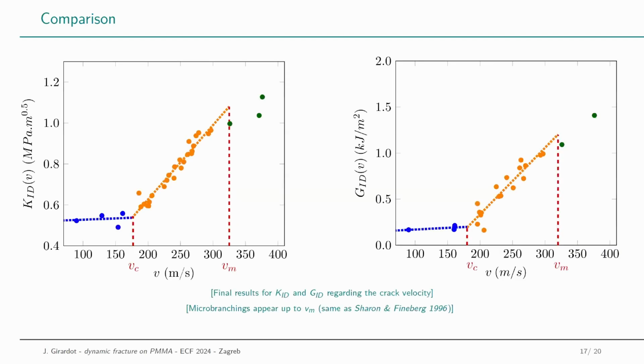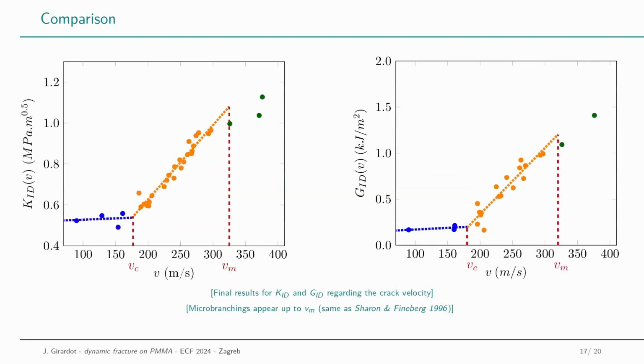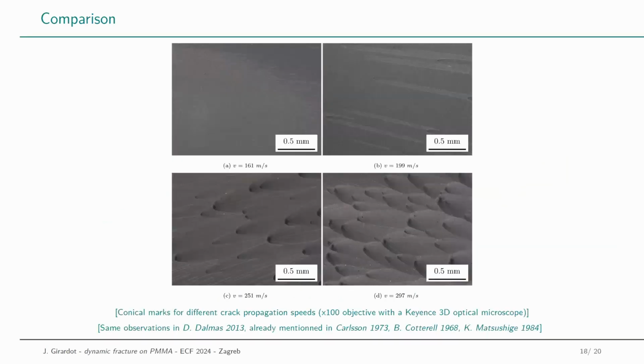But if you look only at our results, we clearly see three phases, okay? Limited by two critical velocities, Vc and Vm, and these two velocities are corresponding to local mechanisms. And we saw that very clearly by looking at some fractographies. So here you have four different fractographies for four different tests.